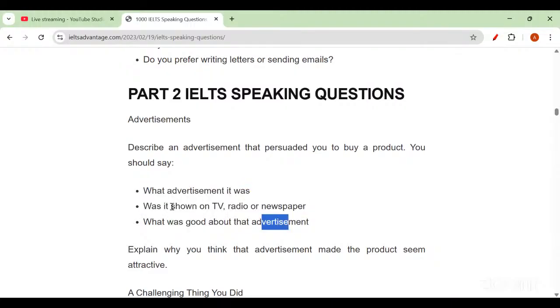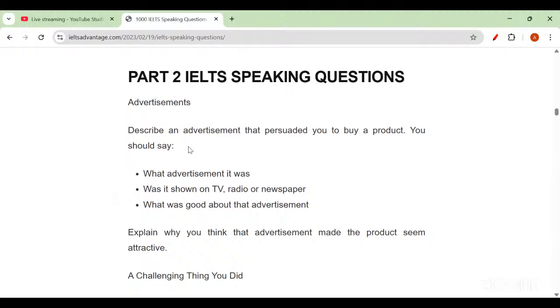You can use these bullet points to make notes for 1 minute, and after 1 minute you need to continuously speak for 2 minutes on that topic. This topic will be on your screen, whether it is on a laptop, or the examiner gives you a paper, so you can see this question.